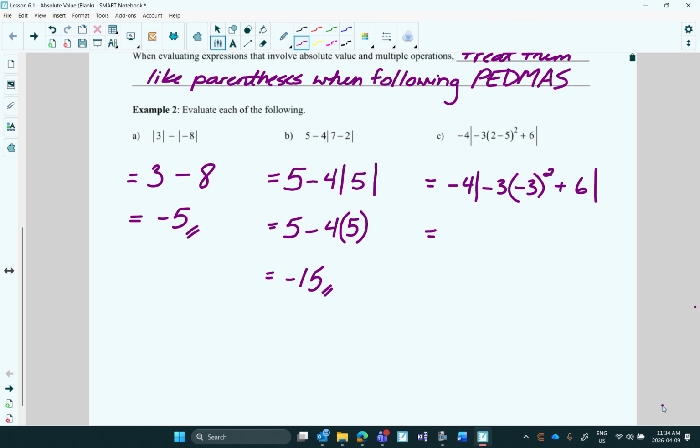Next, maybe we can do all this in one shot. Do I do this times this first or this first? Square. Right. So this gives me times this. Okay.